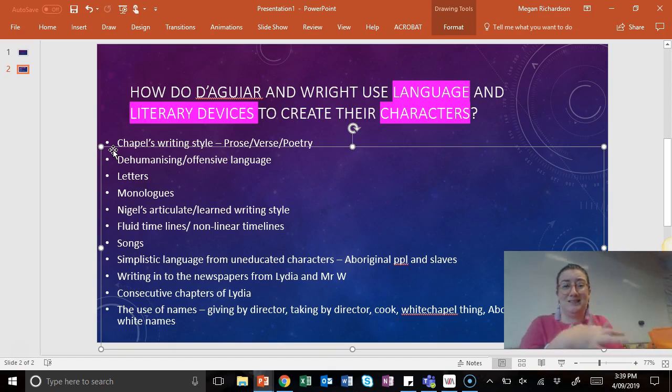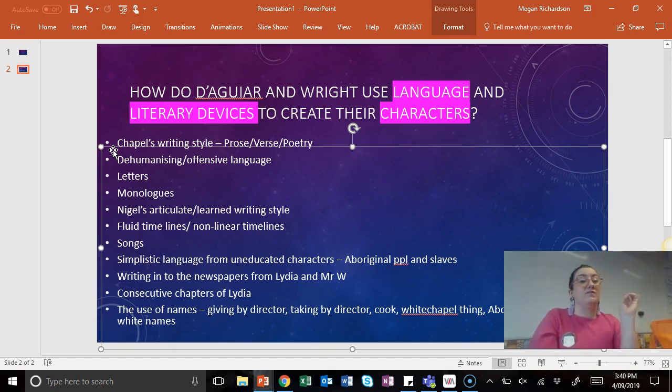Does that make sense? So, now what we need to do is start going, how do we want to put it together? We've got, how do Daguerre and Wright use language and literary devices to create their characters? So we could go a couple of ways. We could go by idea and say, here are 3 things that are important to the construction of a character, to create depth in character.